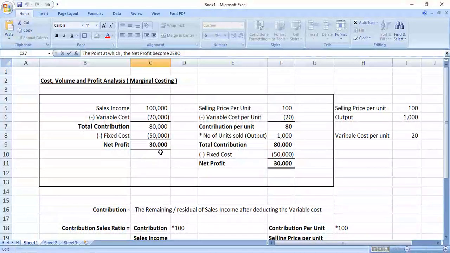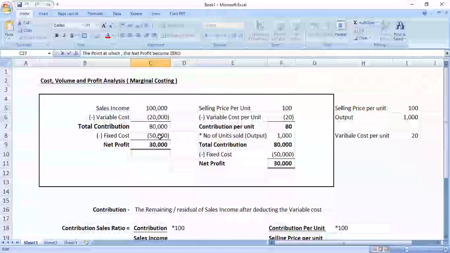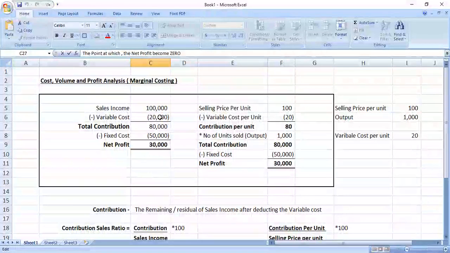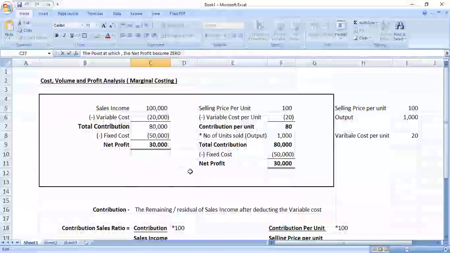If your variable cost is 50,000 and your fixed cost is also 50,000, it becomes 100,000, equaling the 100,000 income. Then your net profit is zero.